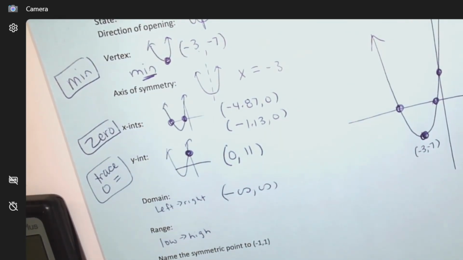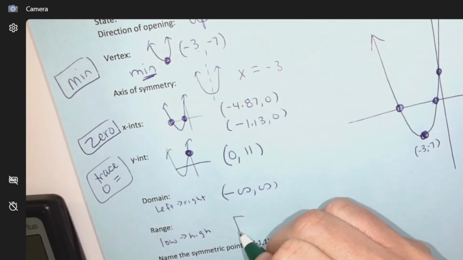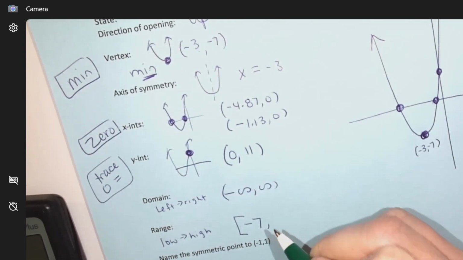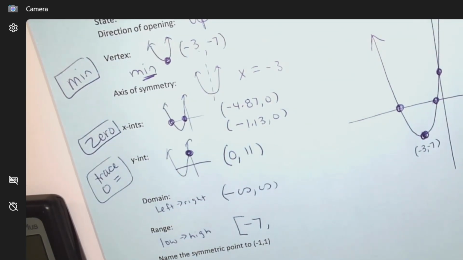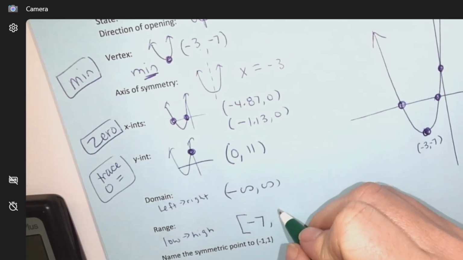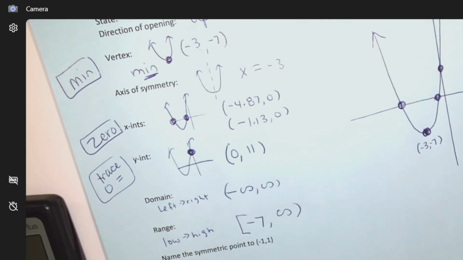So what's the low to the high going to be? Looks like the lowest you would ever go is a bottom value, but then up top you keep going high, right? Sometimes that can be flipped. If the parabola is flipped, right, you can go from -infinity to a height.